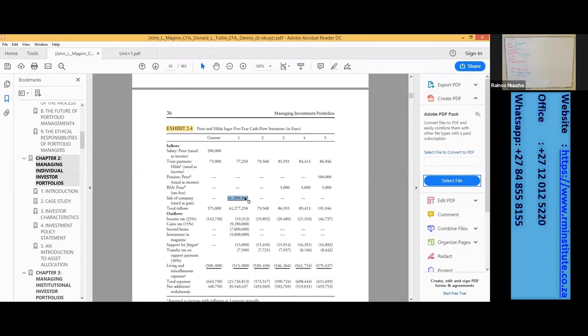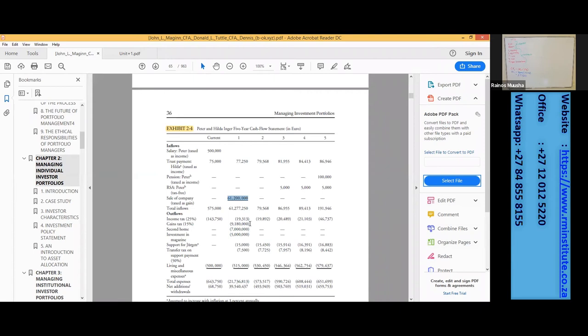The capital gains there is on the 61.2 million that they're going to be selling their business for, which means that 15% of the 61.2 million is the capital gains tax that is going to be charged on them. And the capital gains tax in this case is going to be what? 9,180,000. Are we on the same page on how we're getting the capital gains tax then?